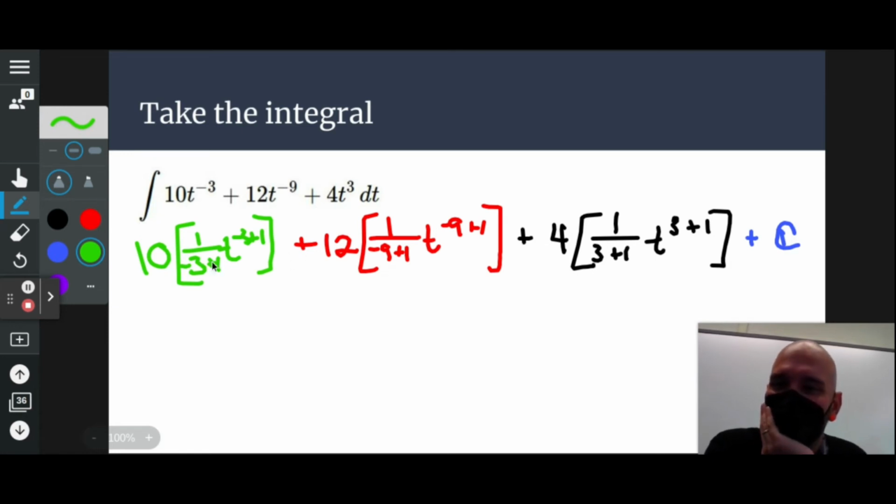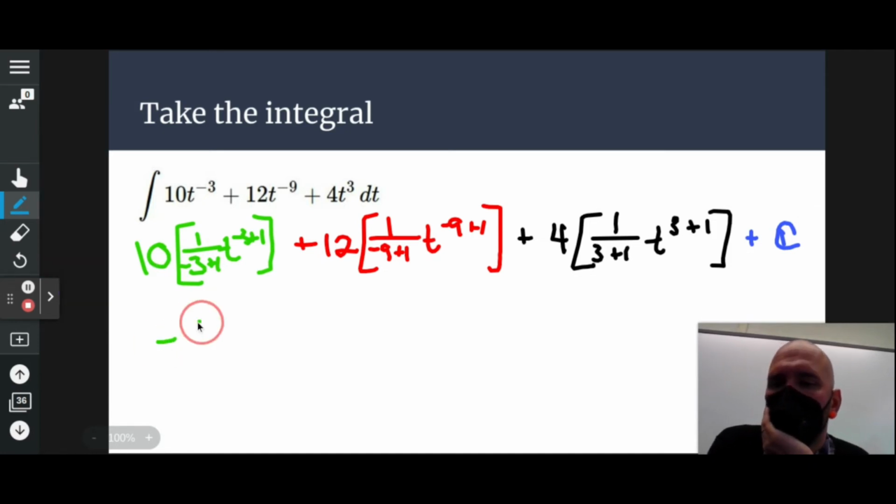Okay. So I have 10 times 1 over negative 2. So that's negative half of 10, so negative 5. t to the negative 3 plus 1 is negative 2.